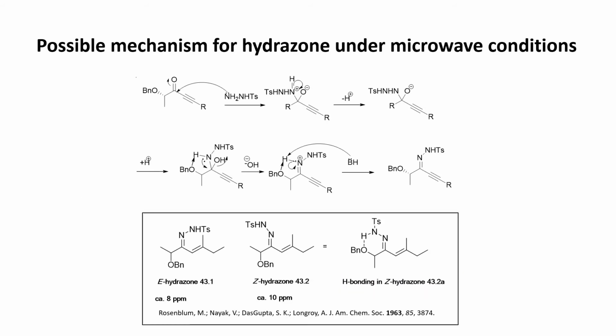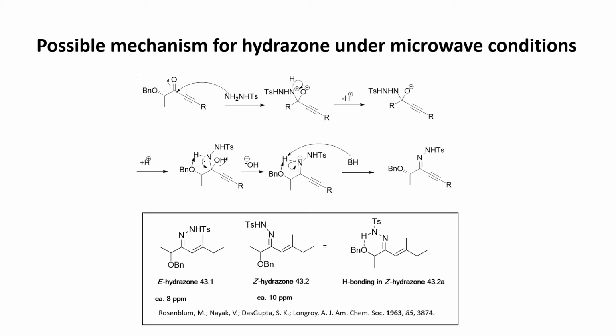Taking a look at the possible mechanism for forming this hydrazone under microwave conditions, first the hydrazine would attack the carbonyl carbon on the ynone, and then we would see a proton transfer where nitrogen loses a hydrogen and it is picked up by the oxygen, forming the intermediate. Then the nitrogen lone pair would kick out the hydroxide, which will then deprotonate to form the hydrazone.